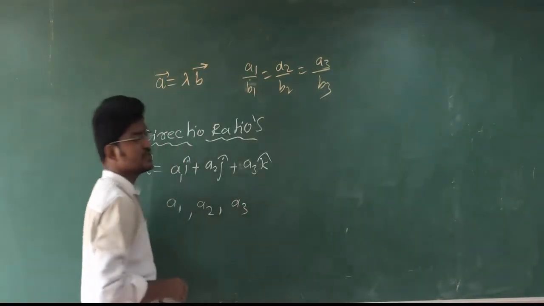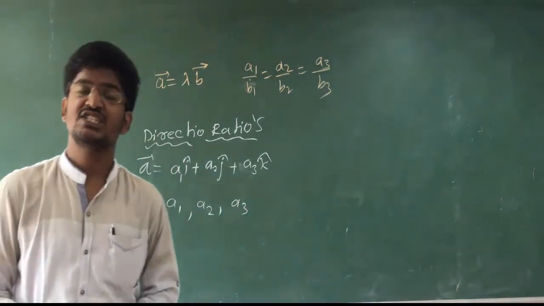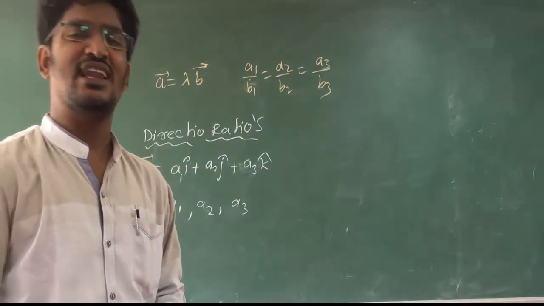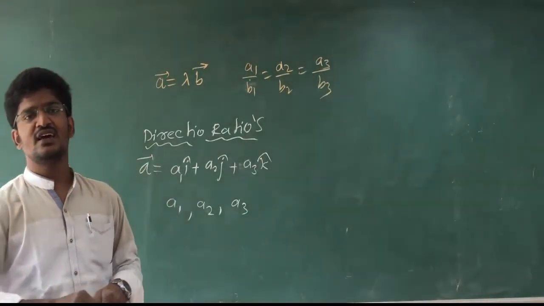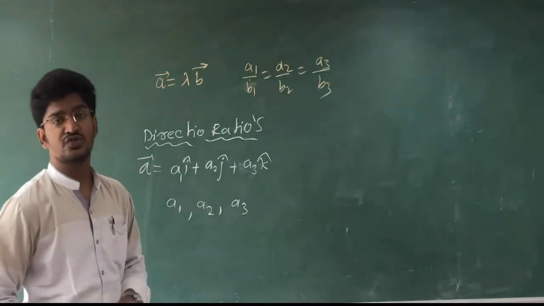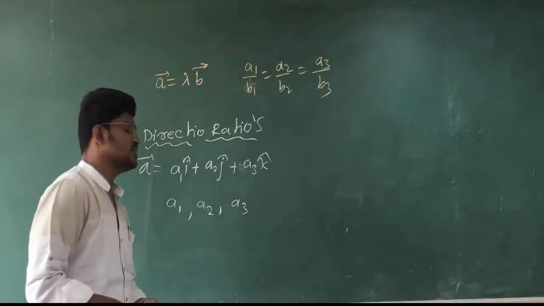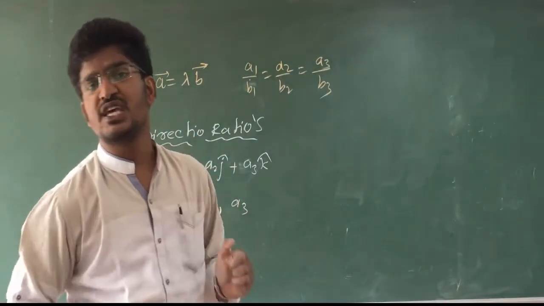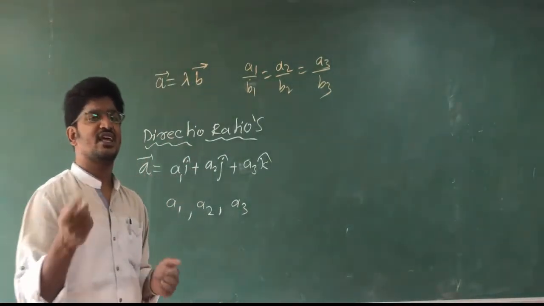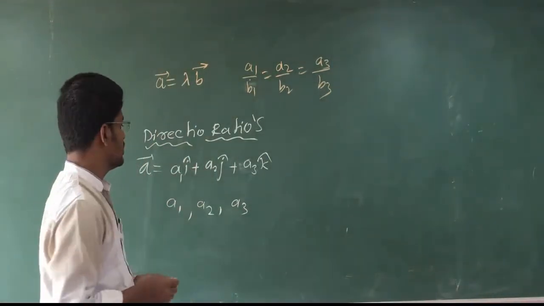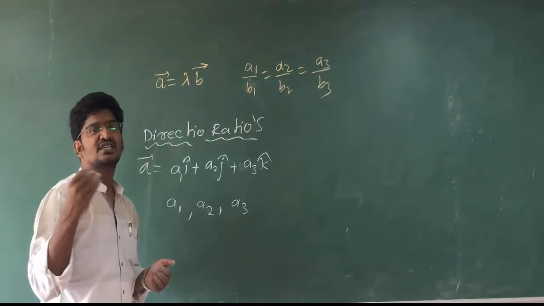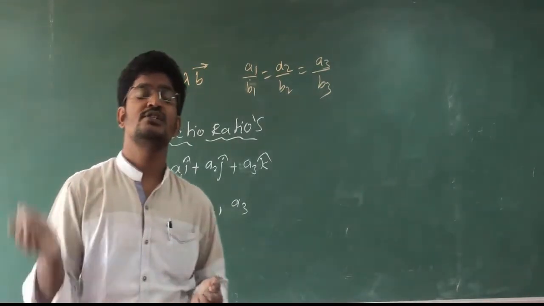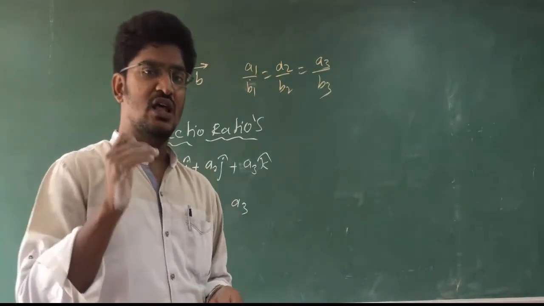These scalar terms are called the direction ratios. They are nothing but the scalar terms of a vector. Okay, very simple concept. If a vector is given, the components of i cap, j cap and k cap are called the direction ratios. Simple. Previously we studied them as scalar components. Those scalar components are nothing but the direction ratios.